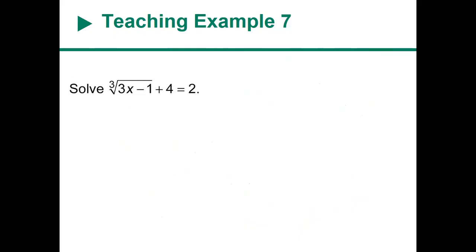So if you look at this one, first step is to isolate the radical. What needs to move in order for this guy to be by itself? 4. So I'm going to have to subtract 4, right? So now we're working with the cube root of 3x minus 1 equals -2.